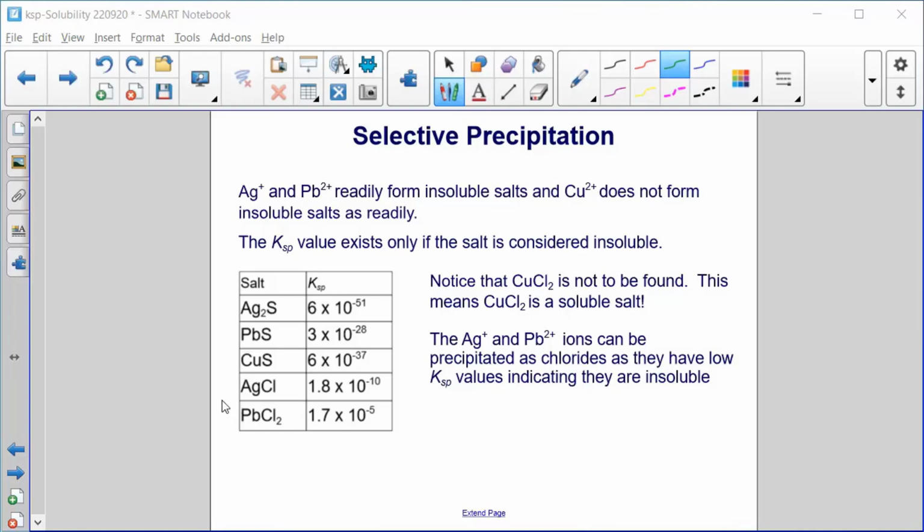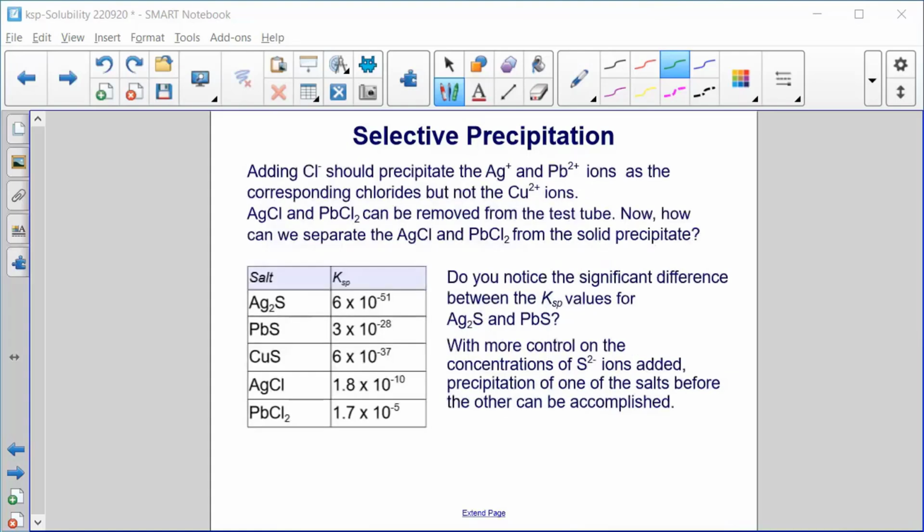So we can precipitate out the silver and lead 2+ ions as chlorides since they have low KSP values, indicating that they are insoluble. Adding chloride should precipitate the silver and lead 2+ ions as the corresponding chlorides, but not the copper ions.